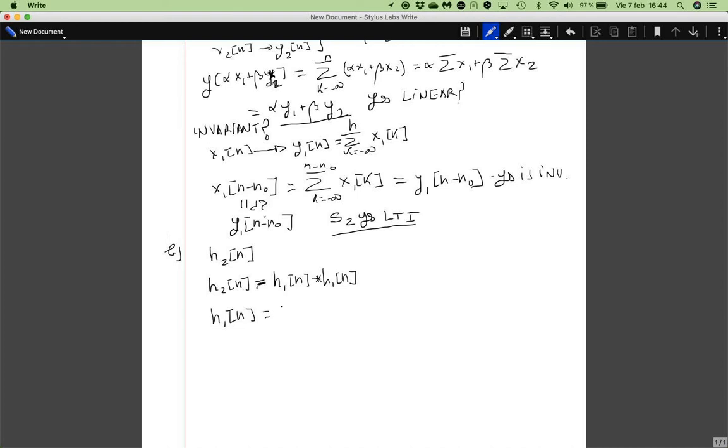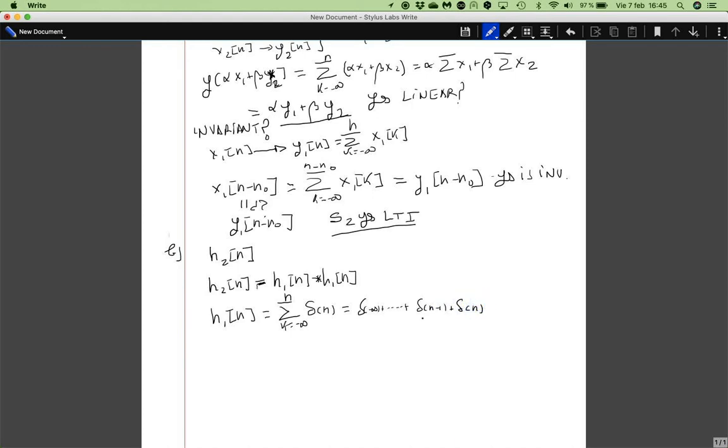So basically this will be the summation from k equals minus infinity to n of the input, but in this case, as we are working out the impulse response, the input is delta[n]. So this is basically a series of deltas: delta at minus infinity, and so on, all the way up to delta[n minus 1] plus delta[n].